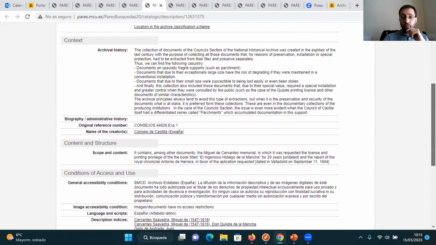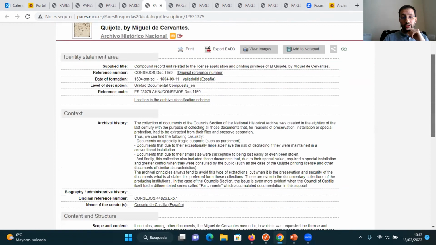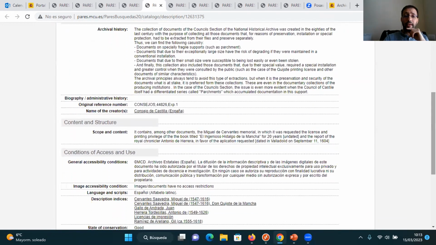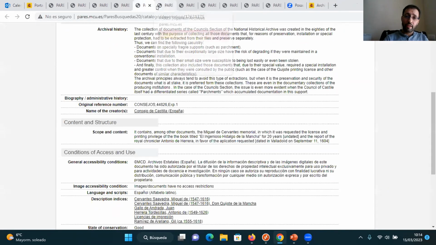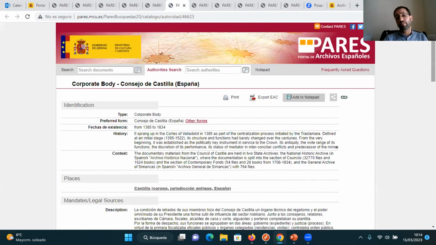For this document, we have other information like the name of the creator, the corporate body that produced this document. In this case, it is the Consejo de Castilla, and we can click on this link and see the information about this kind of entity, the corporate body.